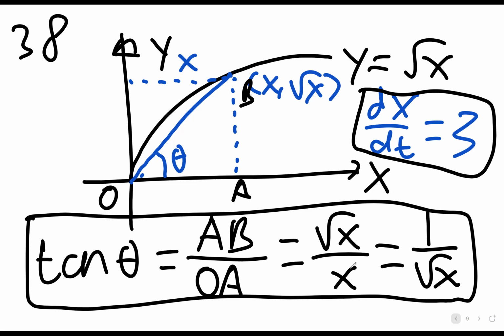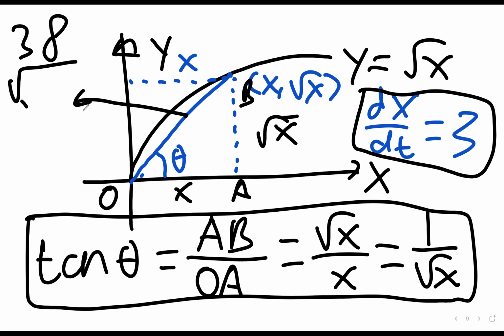If we want to find secant θ, we may use the trigonometric identity relating secant θ and tangent θ, or you may also take a look at the following triangle. Here the sides are x and square root of x. We can calculate the hypotenuse, which equals the square root of x squared plus x, by using the Pythagorean formula.